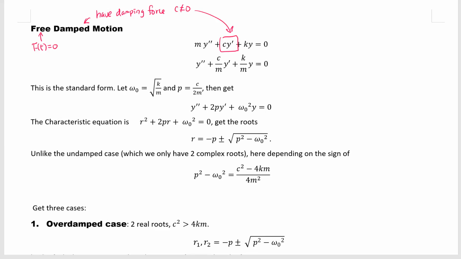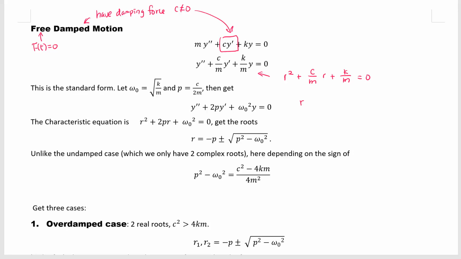Because it's easier to use the notation, we let omega 0 be the square root of k over m and p equals c over 2m. Why do we do that? Just looking at this, what's the corresponding characteristic equation? It's r squared plus c over m r plus k over m equal to 0, right?